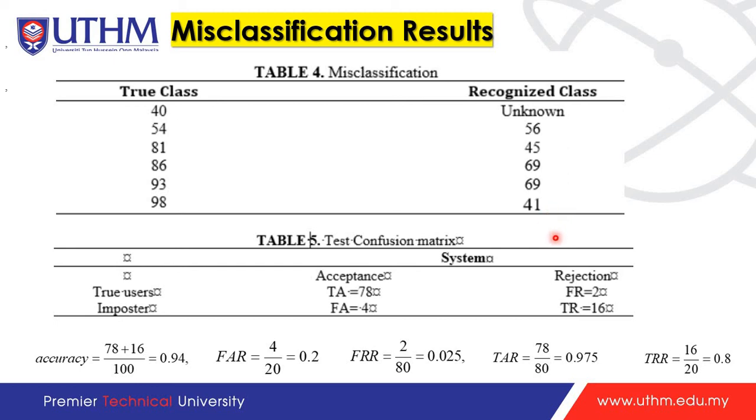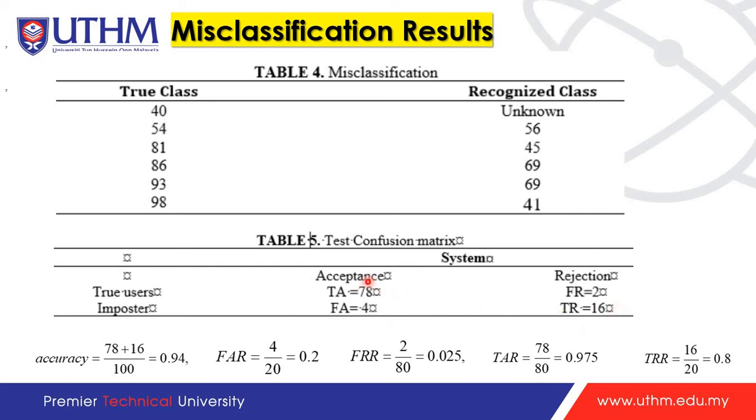Hence, 2 images, 40 and 50, were falsely rejected, so FR is 2. We have 80 true users, so the true acceptance should be 78. So 4 were falsely accepted, which is FA equal to 4. The total imposters are 20, so the true rejection will be 16.